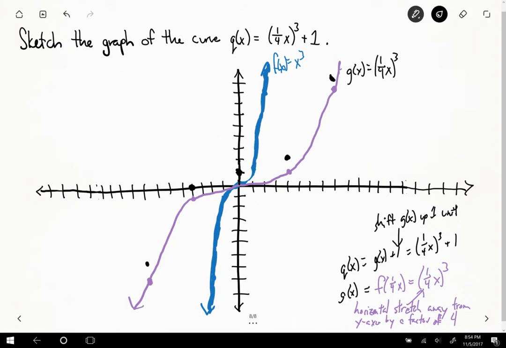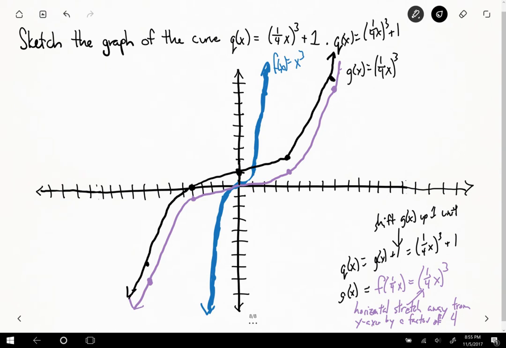And if we've done this right, everything on our graph should be just shifted up. And this is our graph of q of x equals 1/4 x, the quantity cubed, plus 1.